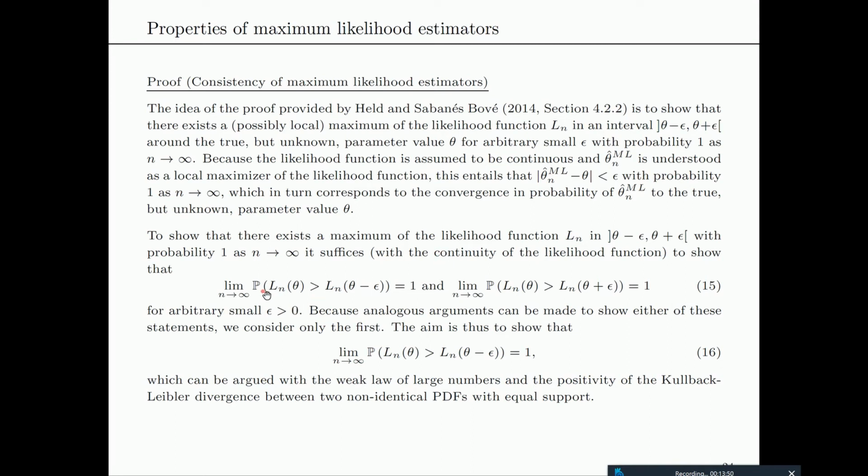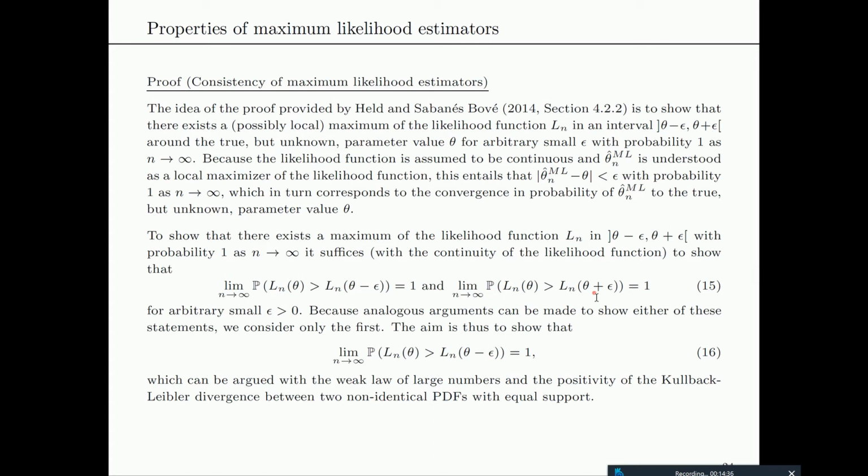Now, to show that there is a maximum of the likelihood function in this interval with probability 1 as n goes to infinity, it actually suffices to show that in the limit, the event that the likelihood function at the location of the true but unknown value of the parameter is larger than at a point somewhat to the left of it and a point somewhat to the right of it.